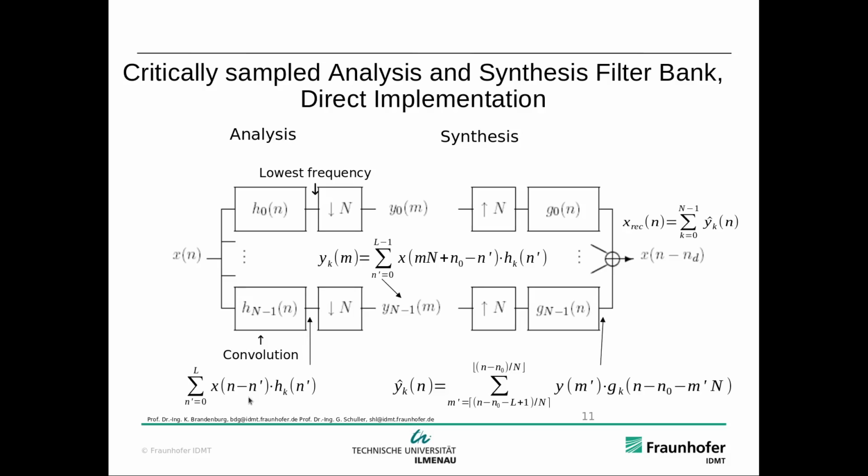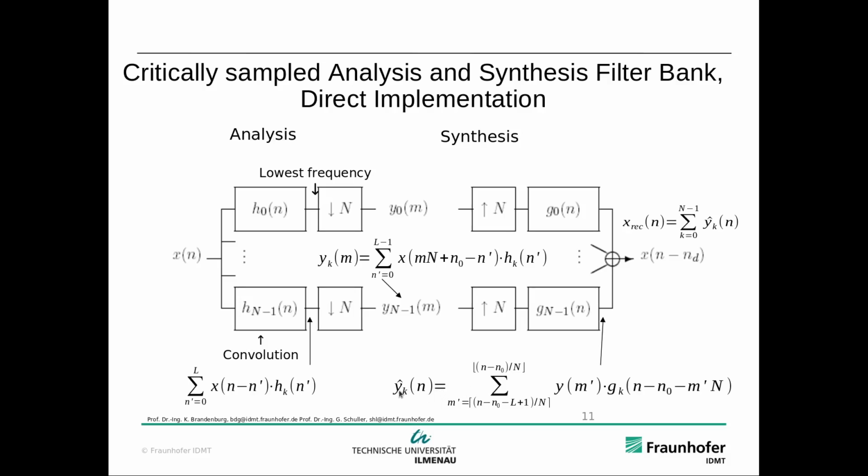Yeah, so here you can see where those equations appear. At the output of the analysis filter bank, you have the simple standard convolution. Then after the downsampling, you have the convolution including downsampling, this equation here. Then after upsampling and convolution, you have this equation.